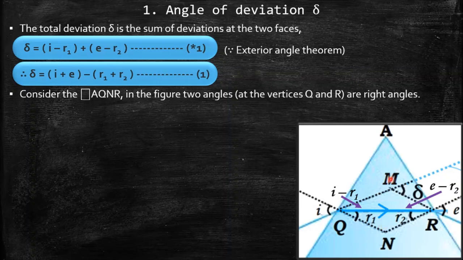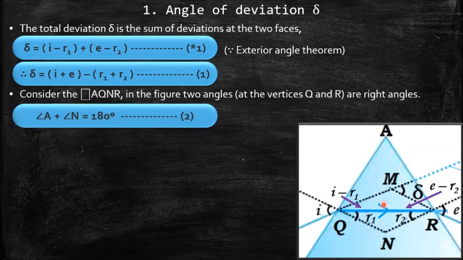Because it's going to be angle A plus angle Q plus angle N plus angle R being 360. So it should be A plus N plus 180 as 360, and obviously you have to minus 180 from 360, which gives you the fact that angle A plus angle N is going to be 180 degrees.